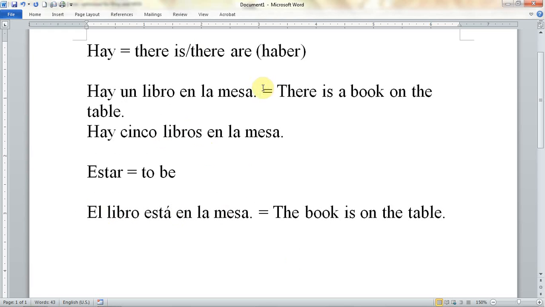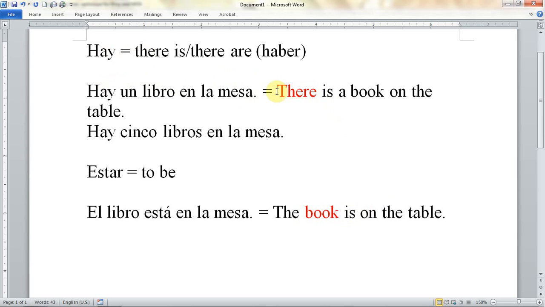Let's break it down some more. There is, well, just looking at there, what's the part of speech? It's acting like a noun, whereas over here, the noun is clearly book. So when you translate back to English, or when you're saying something in English and you want to translate it to Spanish, think about whether or not there is a there.